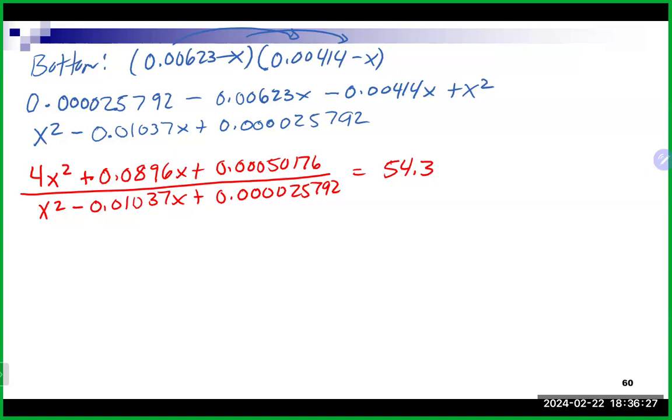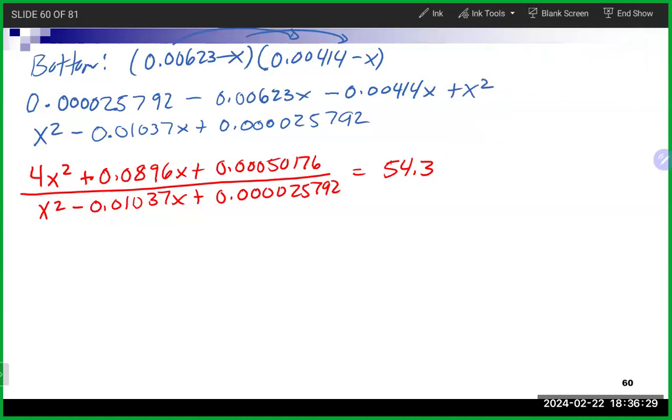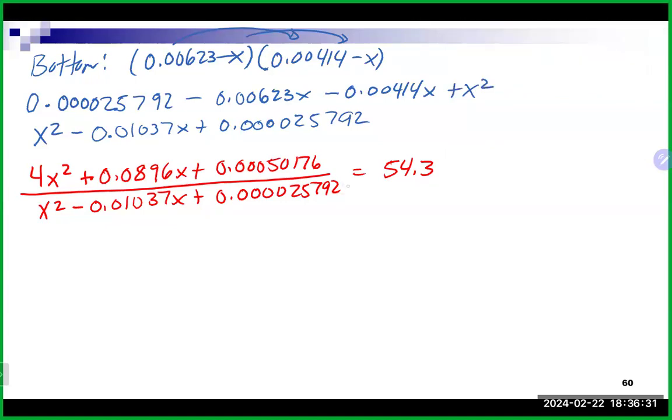All right, a little bit more math to go. I pretty much need to take what's on the bottom, this entire thing here on the bottom, and multiply it to the other side, right? And if I do that carefully, the stuff on the top will not change.